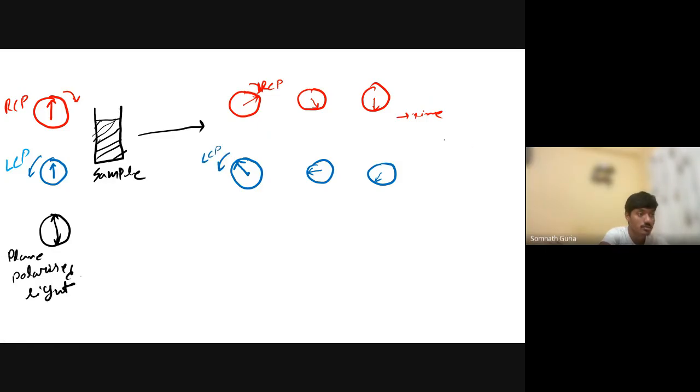The speed of light in the medium is different for them.